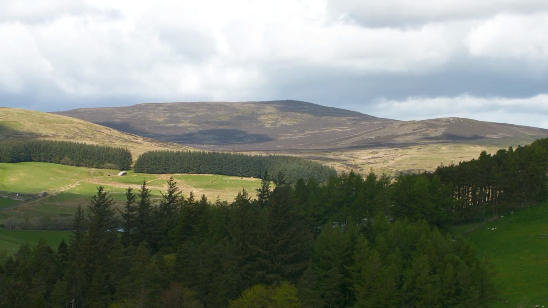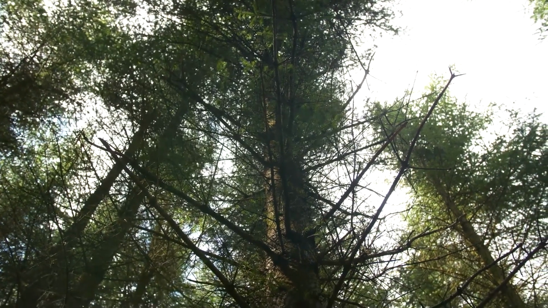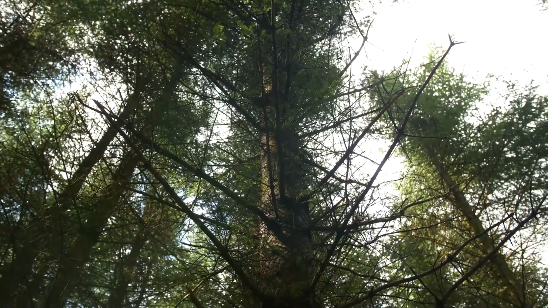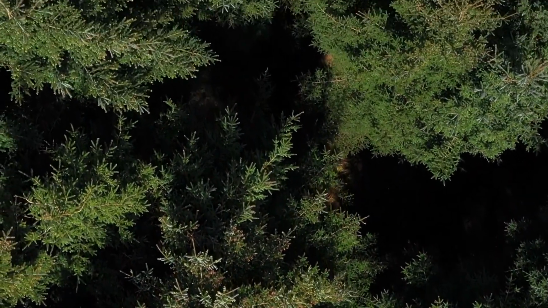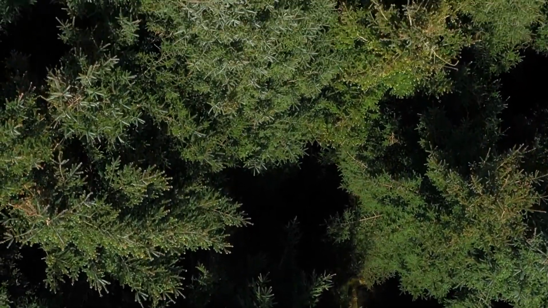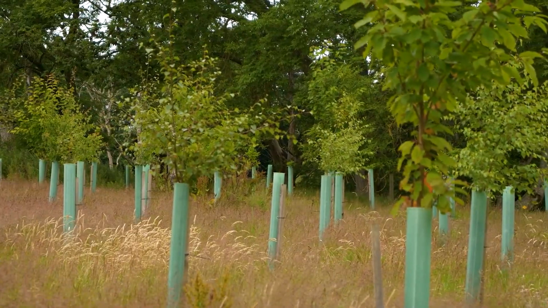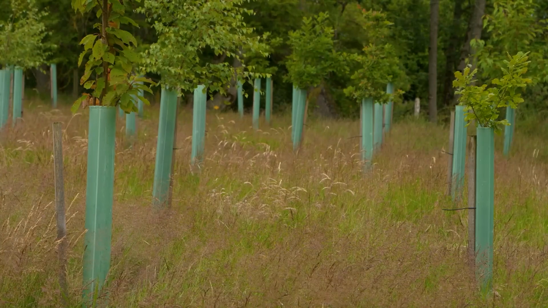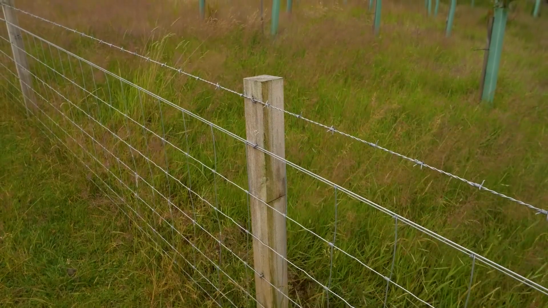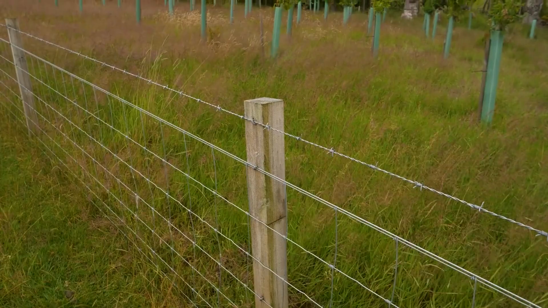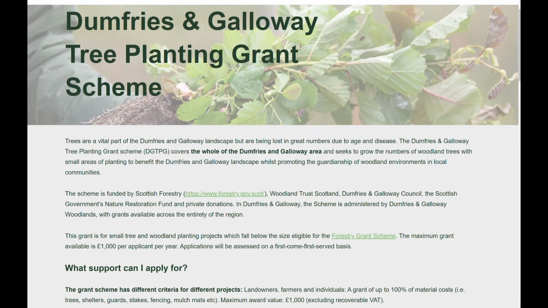There is limited funding available through rural payments for smaller woodland grants. However, across Scotland there are different grants available in different regions. For example, in Dumfries and Galloway there is a tree planting grant administered by Dumfries and Galloway Woodlands, which can be applied for projects up to 0.25 hectares.